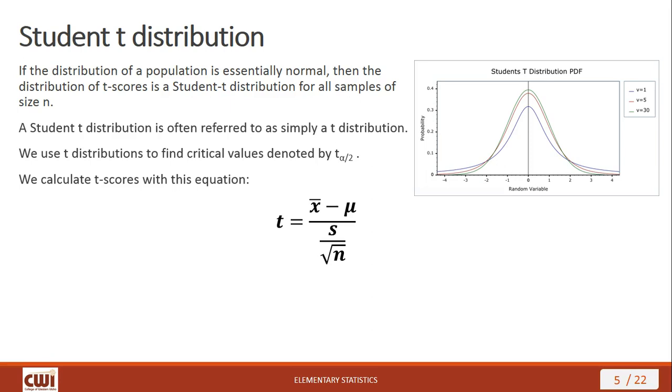The difference is in the denominator. Instead of dividing by the standard deviation, we're actually using the sample deviation divided by the square root of the sample size. So this small adjustment turns a z-score into a t-score.